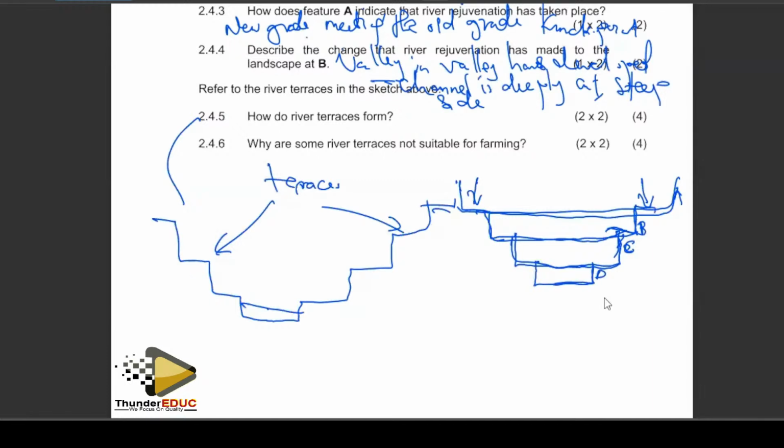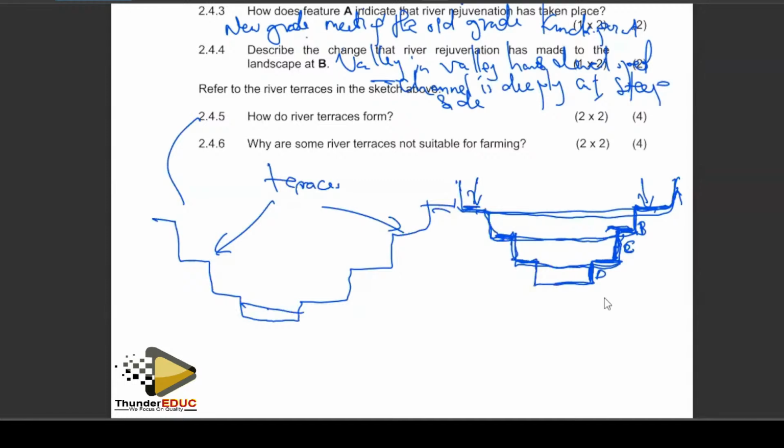At the end, we have a step here, which was left from the original channel. We went to channel B. It left again a step here. We went to channel C. It left another step there. At the end, we are in channel D currently. And on either side is the same. A step was left, and another step, and another step.